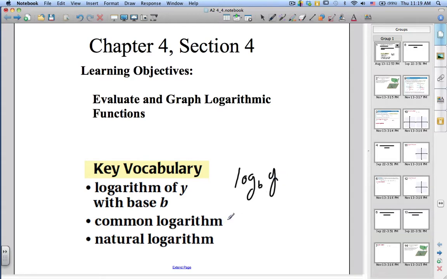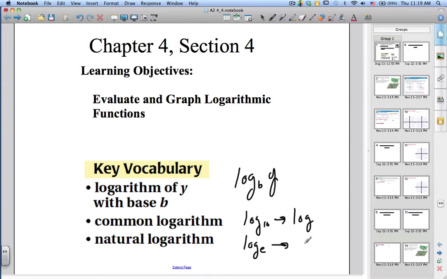Then there's a common logarithm. A common logarithm would be a logarithm with a base of 10, and it's on your calculator just as log. So when it's a base of 10, since we work in a base 10 number system, we don't bother writing the 10 in. And when you have a natural logarithm, that's a log base e, right?